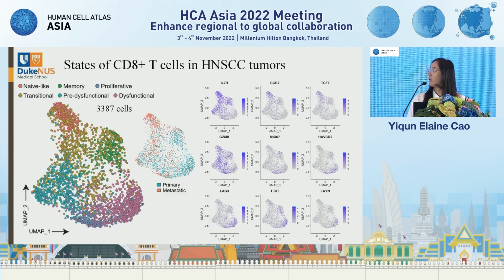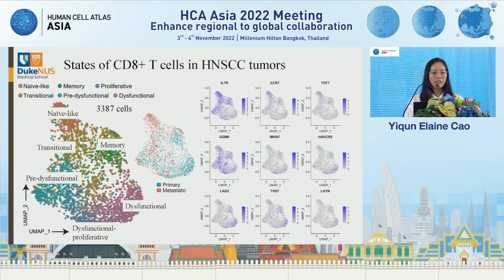Then, based on the canonical markers, we identified 6 different states of CD8 T cells in our patients, including naive-like, memory, pre-dysfunctional, proliferative, and late dysfunctional clusters. As expected, most of the naive-like cells are from the lymph node metastatic sites, whereas the primary cells are more towards the dysfunctional states since they were exposed to the tumor antigen for a longer time.